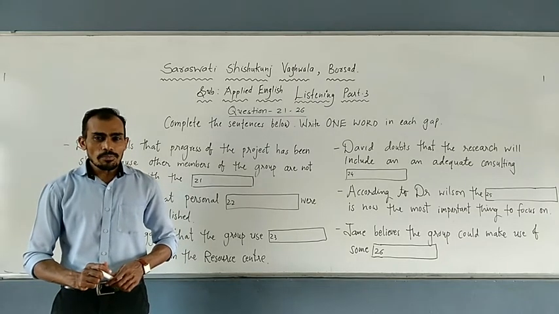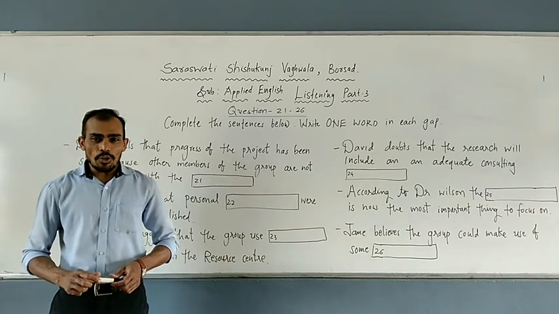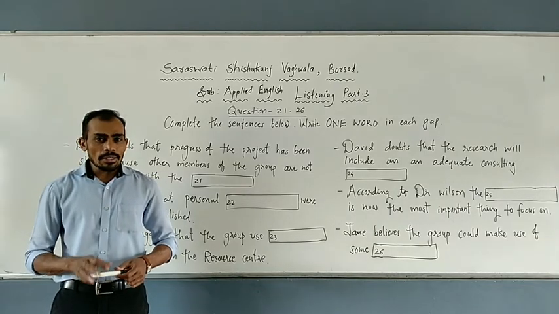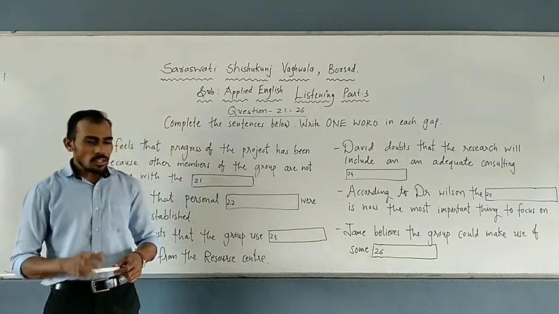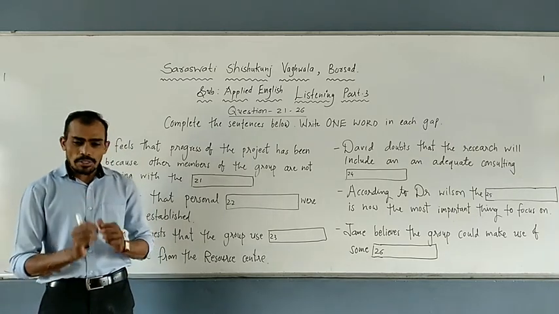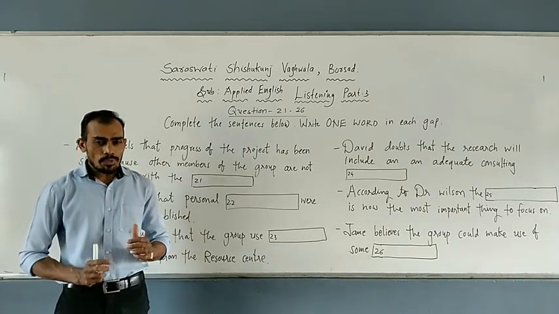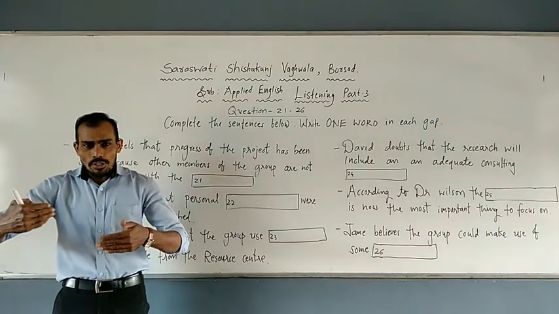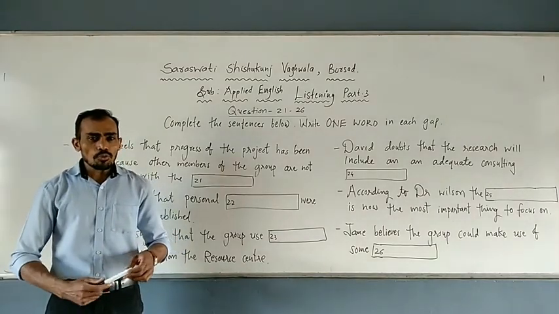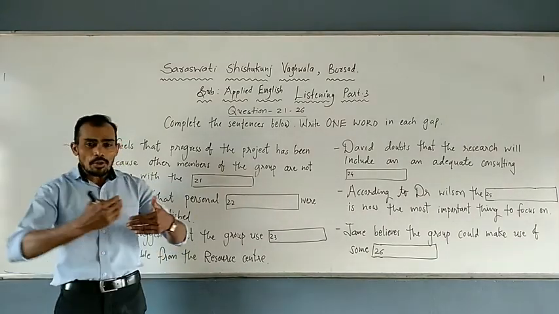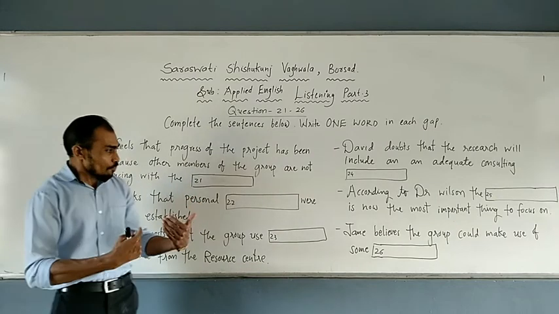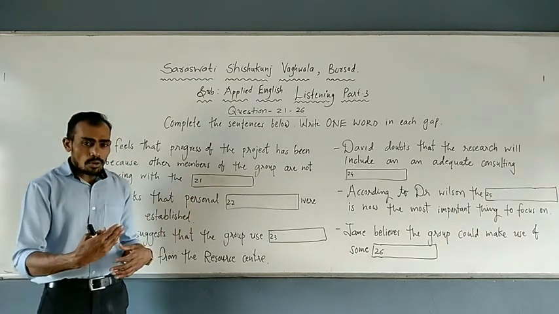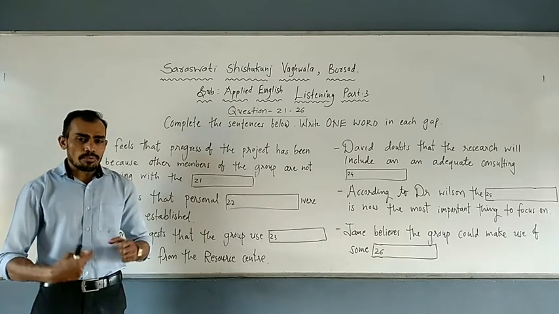Hello students, I hope you have done your listening and you have written your answers in the answer sheet. Now students, I am going to discuss with you what the answer should be. When the conversation started, students, you can come to know that it is a discussion that Professor Wilson is going to have with their students David and Jen.